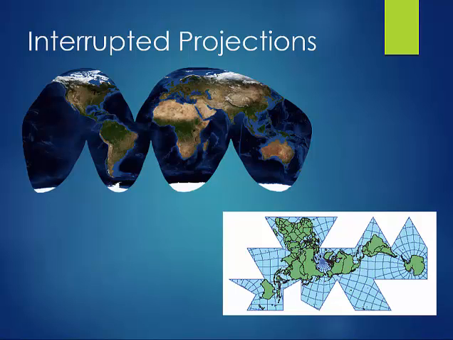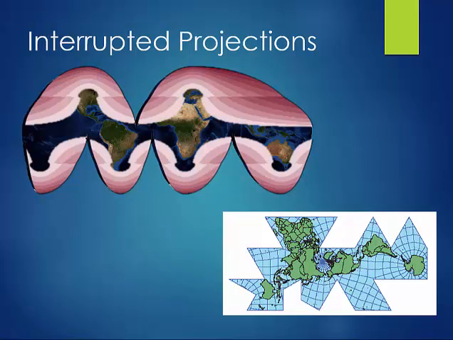Interrupted projections can be used for equal area world maps and are used very commonly with raster data. The United States Geological Survey Earth Resources Observation and Science Center provides data in Goode's Homolosine projection, which is an interrupted projection.